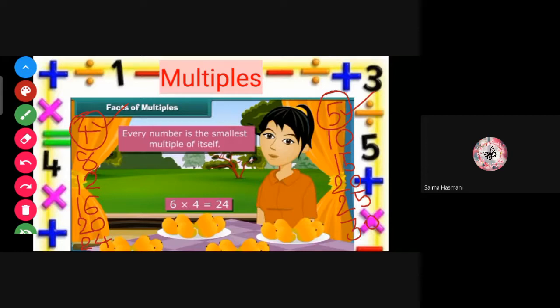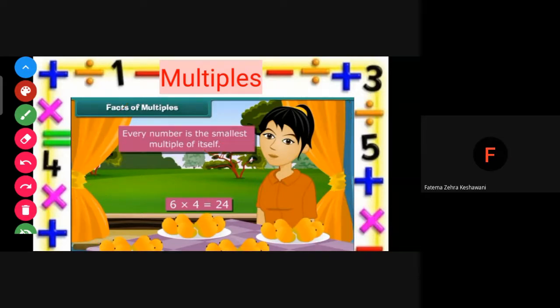If you see all the multiples 4, 8, 12, 16, 20, 24, other numbers are greater than that. But the smallest one, which is 4 and here 5, is itself only. Understood this one?